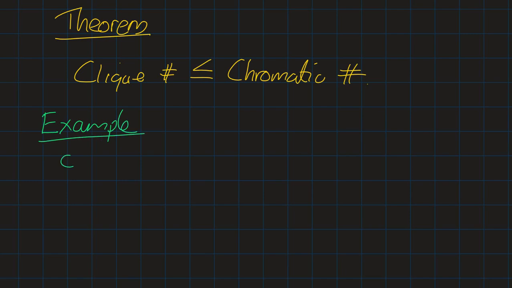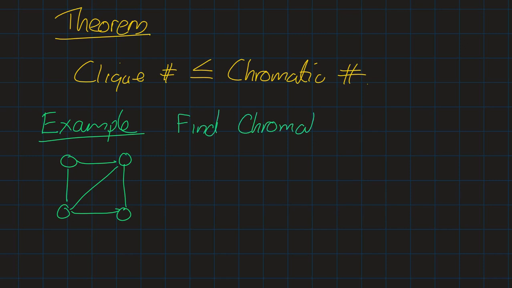So it's useful for proving that you found the chromatic number. Okay, so if you recall this graph here, the question could be find the chromatic number and prove that it's the correct chromatic number.